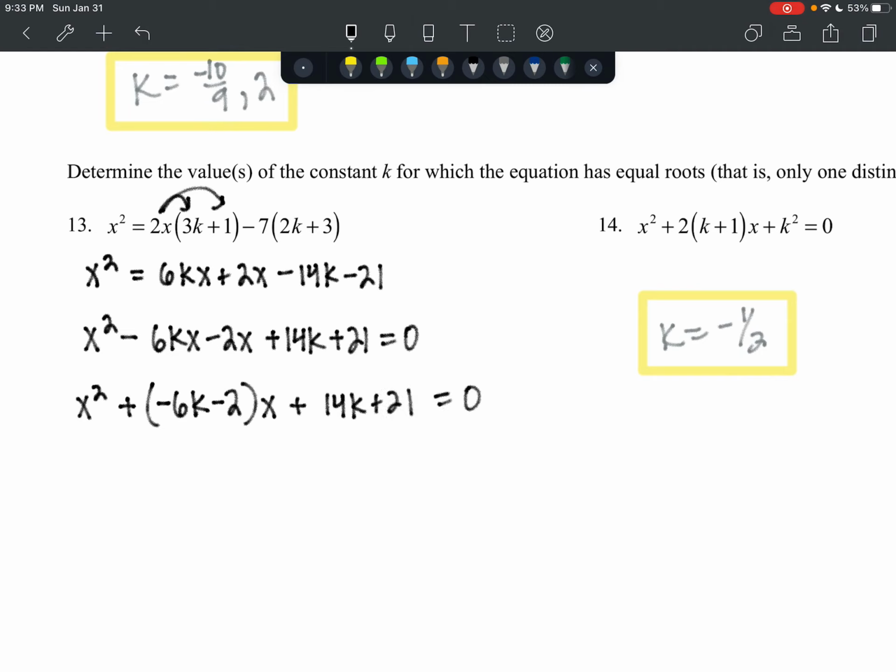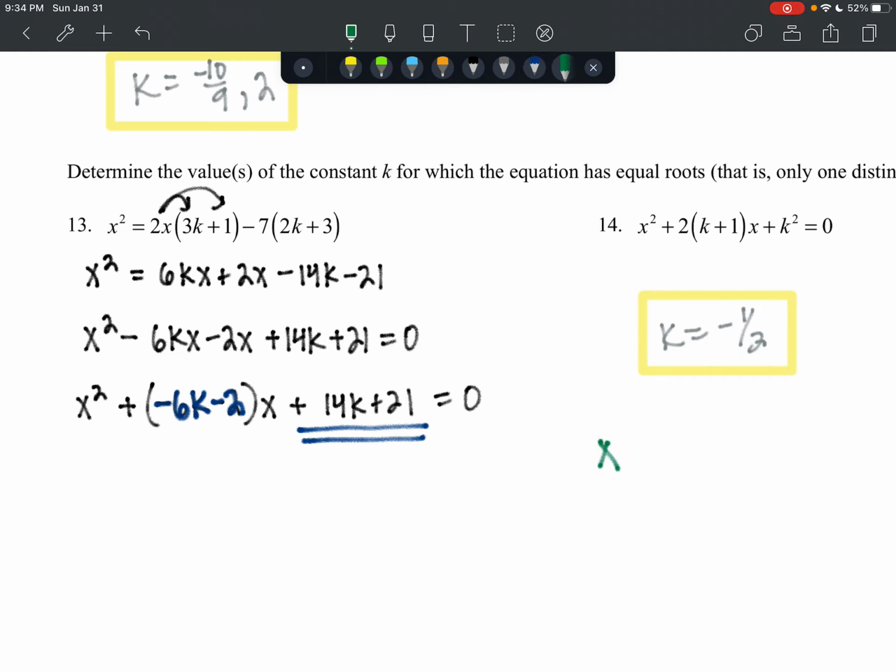Now, if this is a perfect square trinomial, then half of the coefficient of the linear term, negative 6k minus 2, half of that squared will equal 14k plus 21, right?